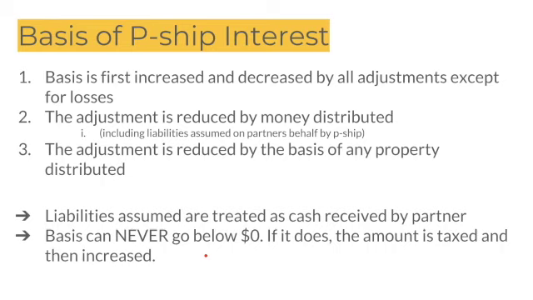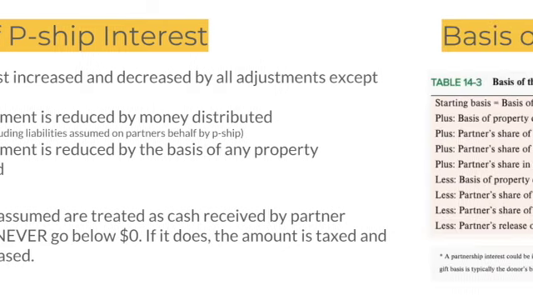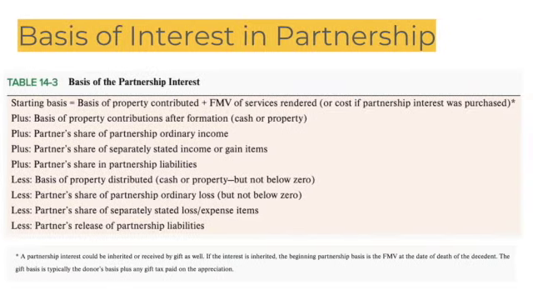The partner's basis in a partnership can never go below zero. And if it does, the amount is taxed and then it increases the basis. So this is a summary of what to do with each item. This is a good thing to look at, to put on your cheat sheet and to use when you are taking notes.